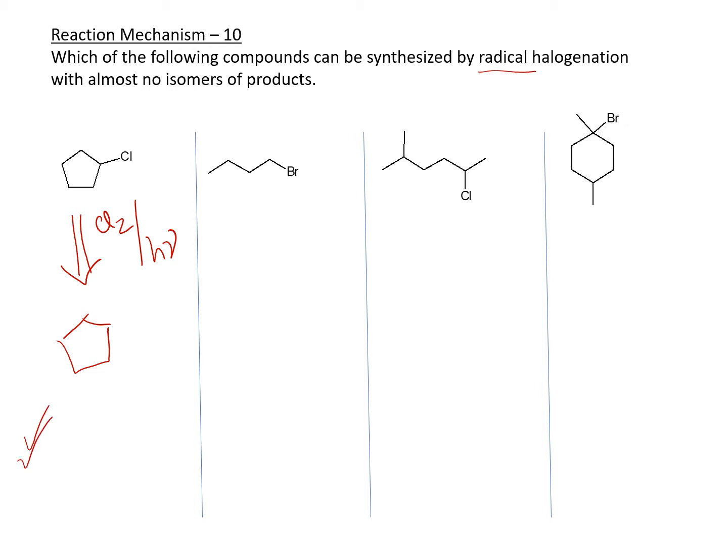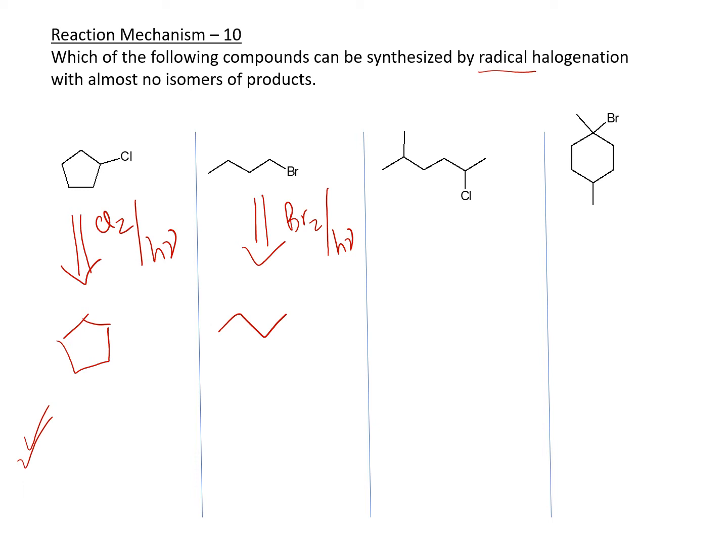The second one that we have here, your starting material would be a butane. When you have a butane and you're doing bromination, bromination is a little slow reaction. Because it's slow, it likes to go to carbons or carbon intermediates that are more stable.